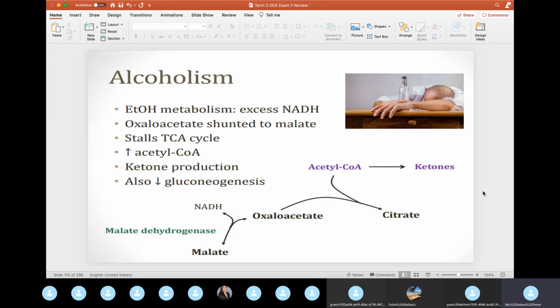It cannot go into the TCA cycle. So what happens? Well, it can go via ketogenesis. You increase production of ketones. Or it can also decrease gluconeogenesis. Why does it decrease gluconeogenesis? Because you are removing NAD+. You are increasing NADH.